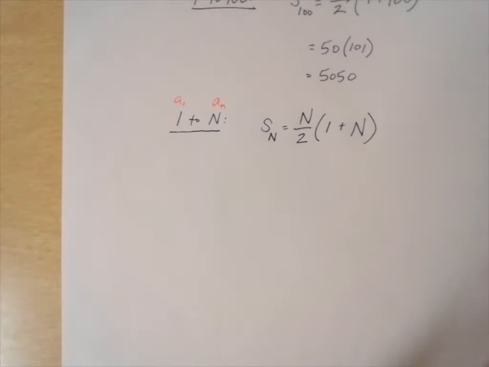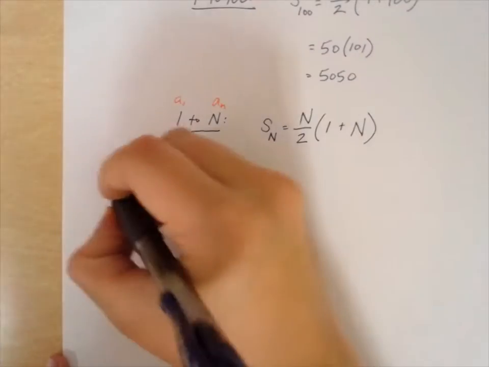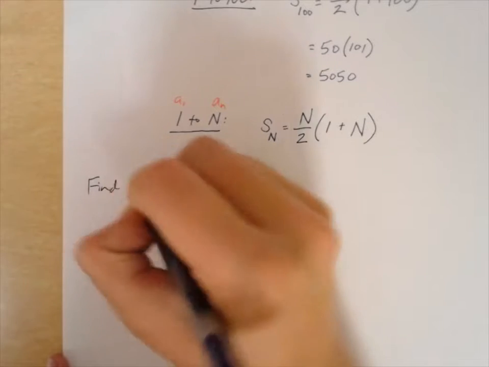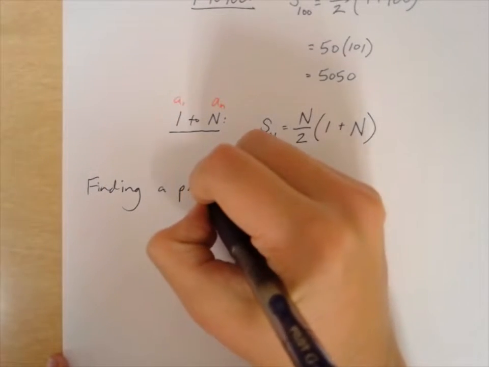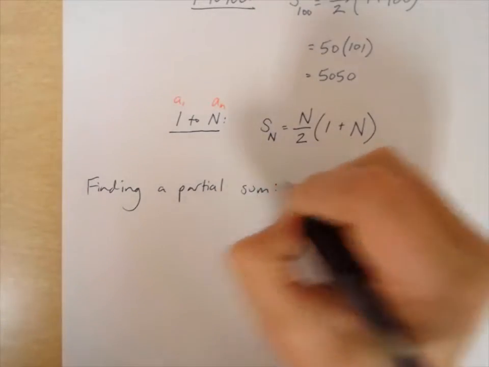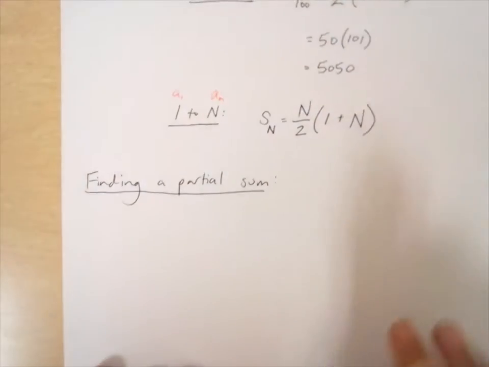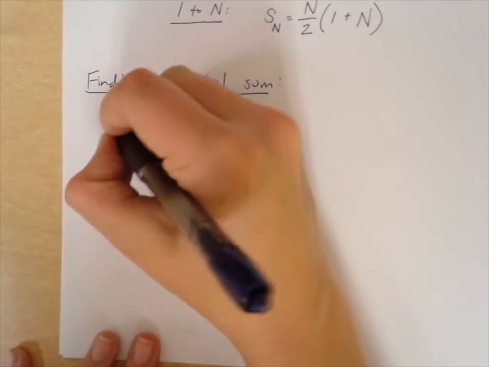Okay. So let's find a partial sum when we're not given as much information. This is going to be a little bit different because, like I said, we're given a little bit less information.